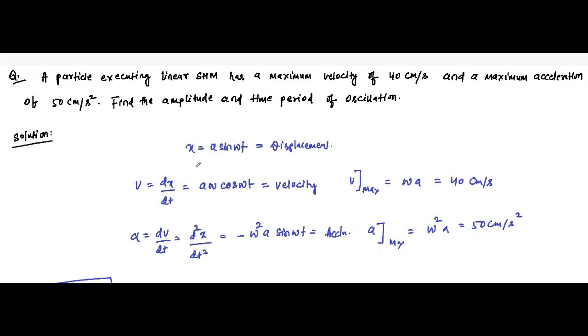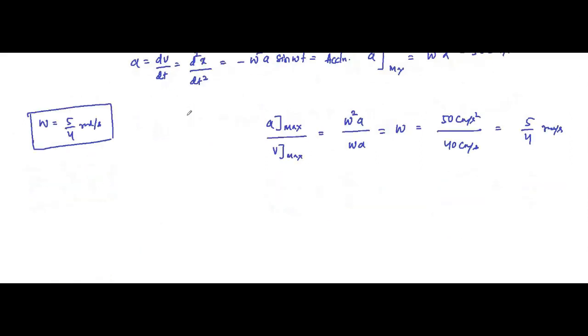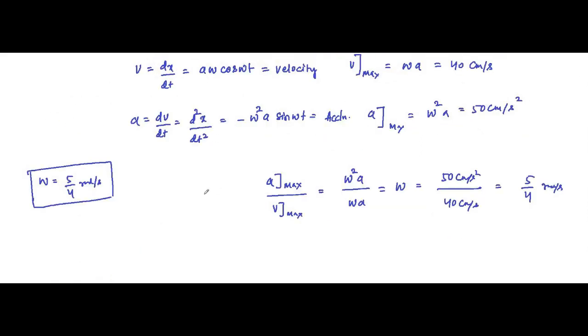Now we have been asked to find the amplitude and time period of oscillation. Here omega a, the maximum velocity, is given as 40 centimeters per second.